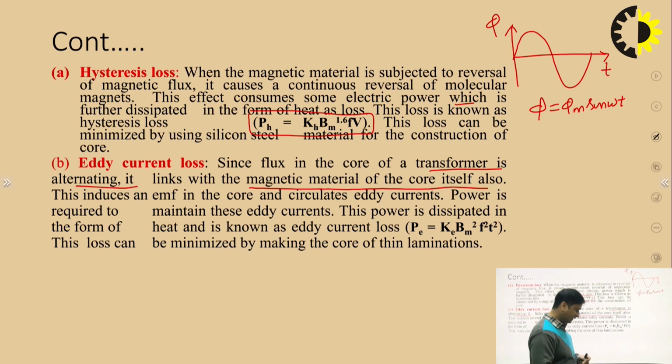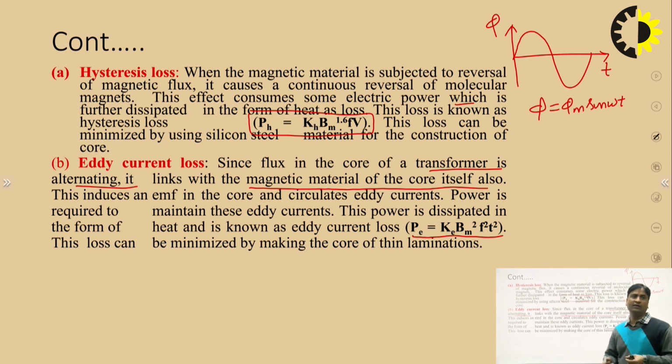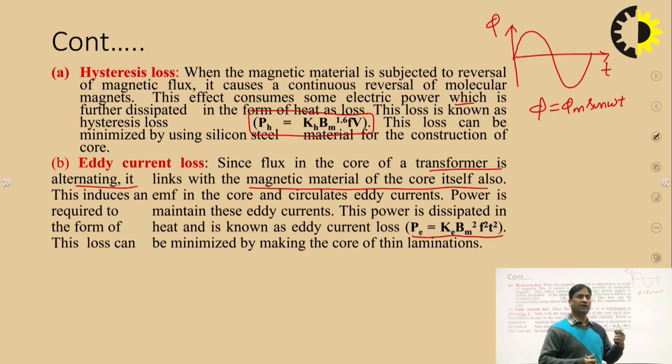Because of this eddy current, heat loss takes place, and the formula is given by PE equals KE Bm square F square T square, where KE is again the constant of proportionality, Bm is the maximum flux density, which is flux per unit area and depends upon the area of the core, F square is the frequency square, and T square is the square of the thickness of laminations.